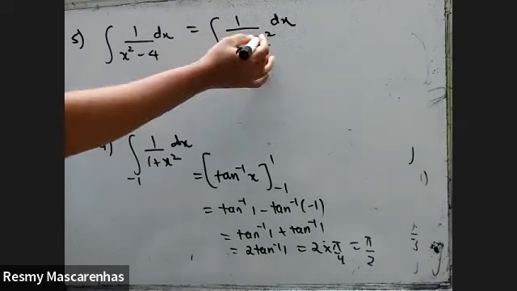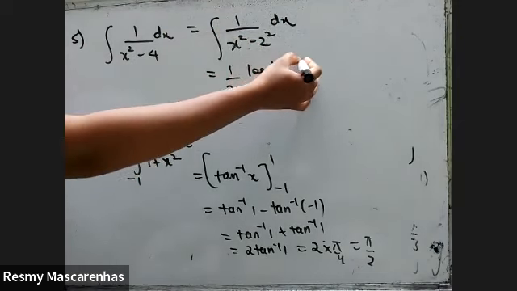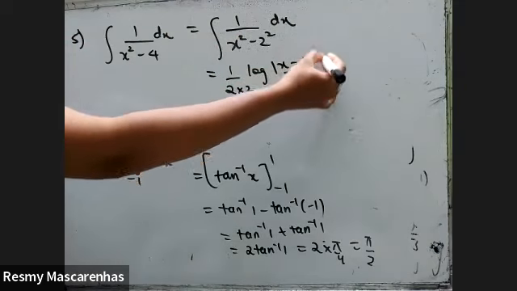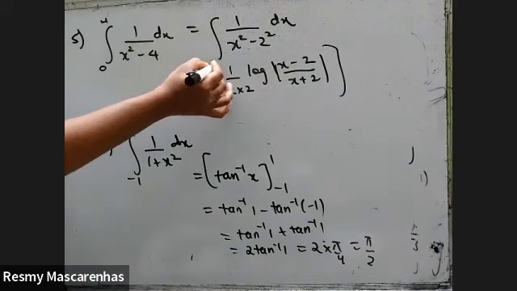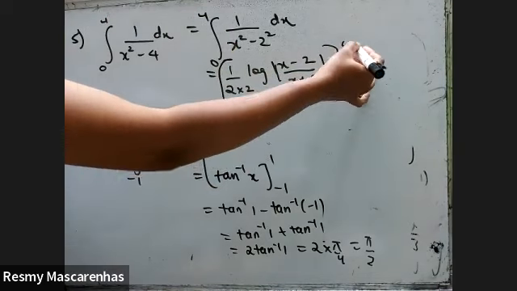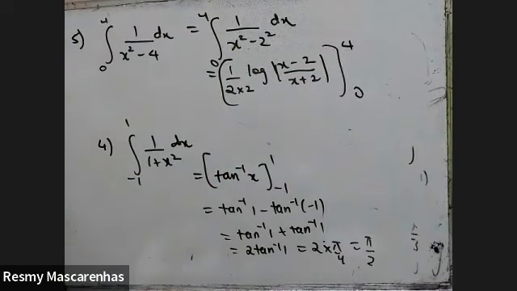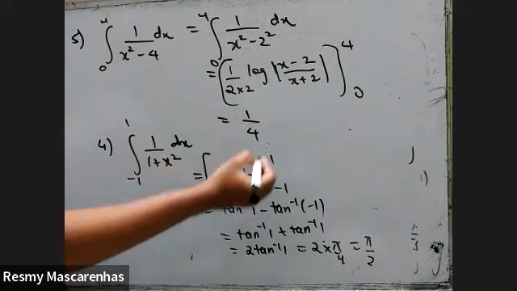The integral of 1 upon x square minus a square is 1 by 2a log of x minus a upon x plus a. And sorry, I did not give you the limits, no? That is 0 to 4. And then put everything 0 to 4. So 1 by 4.